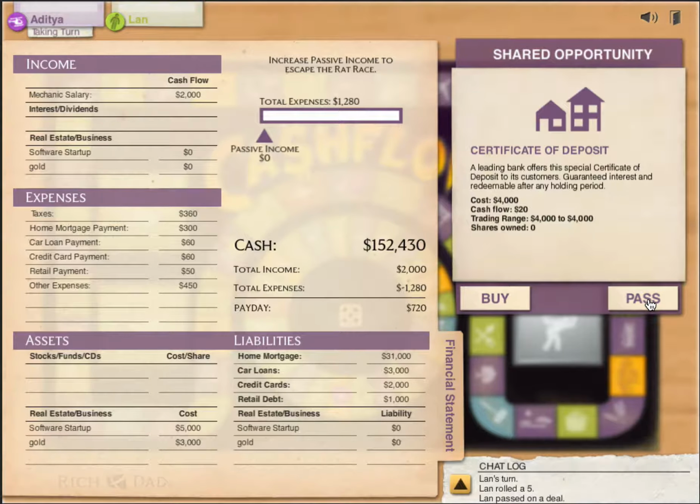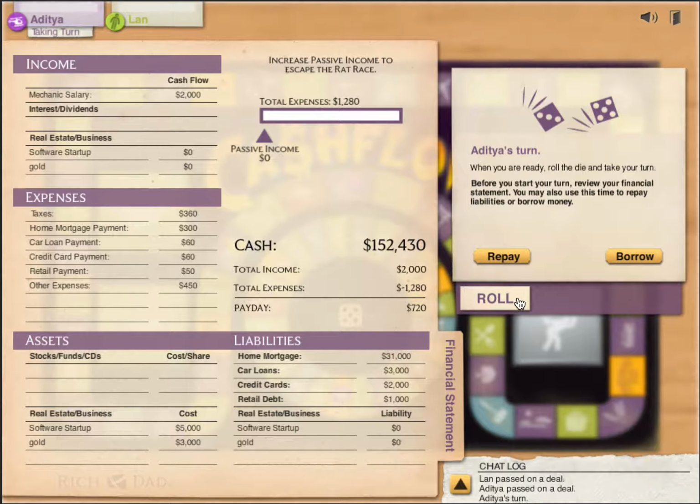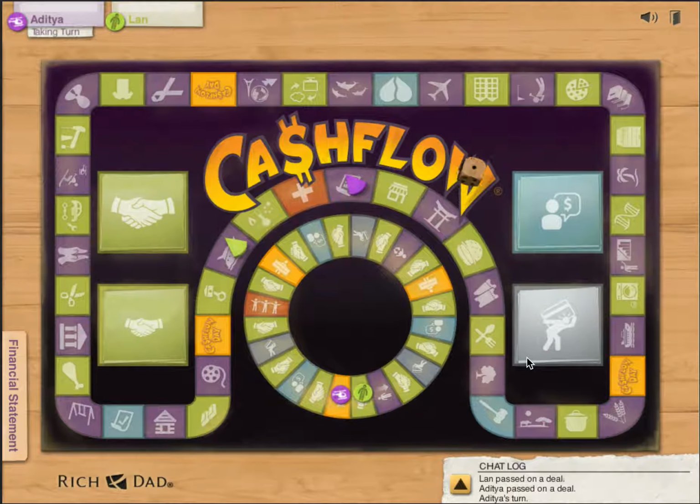And here we have certificates of deposit. They cost 4,000 each. So how many can I buy? For 40,000, maybe I can buy 10 of them. It's not really worth it. It'll only give us $200 in cash flow for every 40,000. So for 160,000, that will only give me 800 in cash flow. So that's a bad idea.